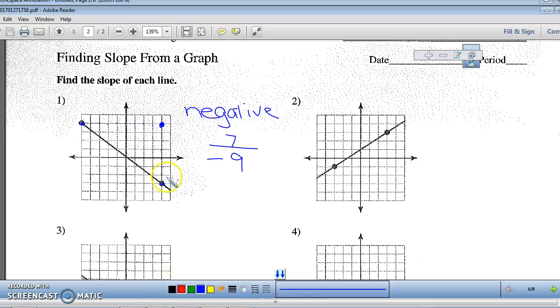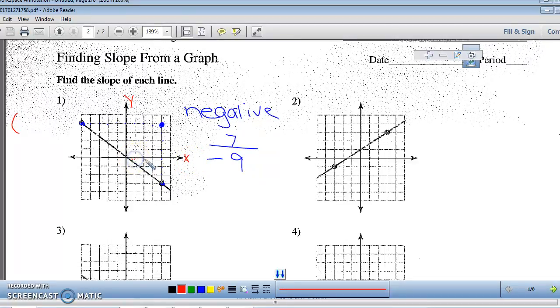And then to check it, first I have to label my points, and I'm going to do this in red. So this is the point. Remember, this is your x-axis and this is your y-axis. Remember, when you're writing your ordered pairs, that x comes first.